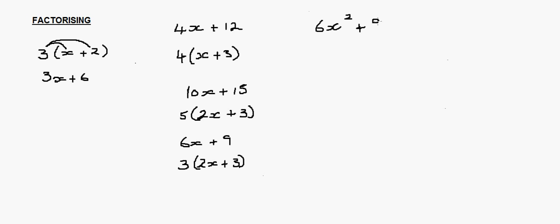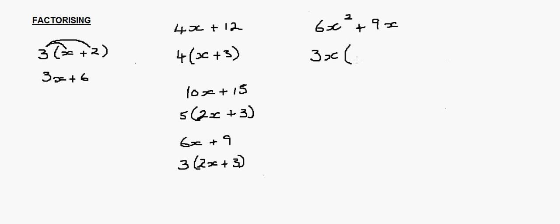So this is very close to this one. Now, as I say, we look at these independently. So if I just look at the numbers first, 3 I know goes into 6 and 9. So that will come outside the bracket. Now I do have an x both sides. So x would come outside the bracket this time.